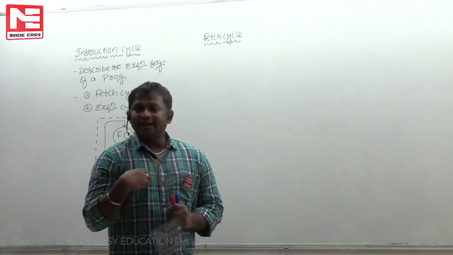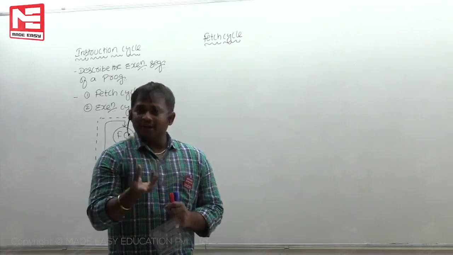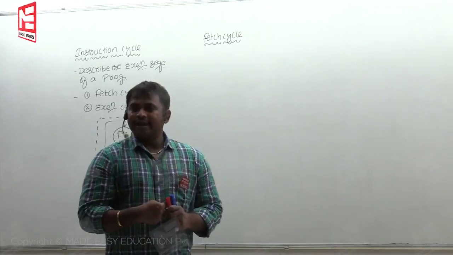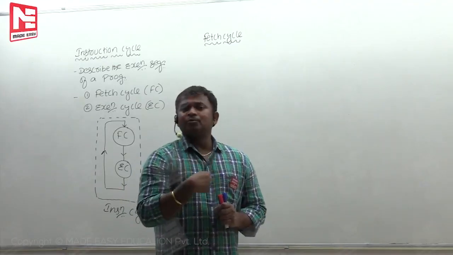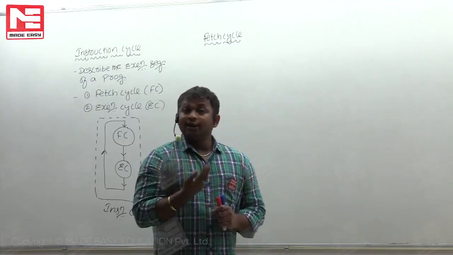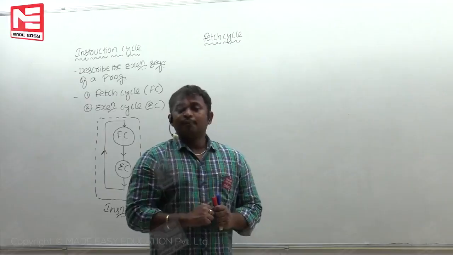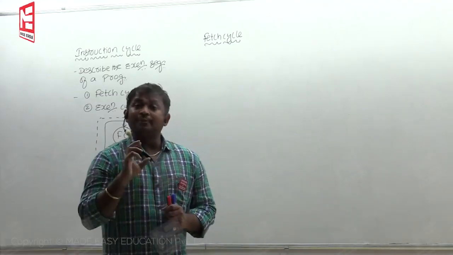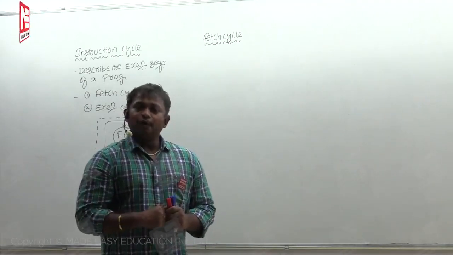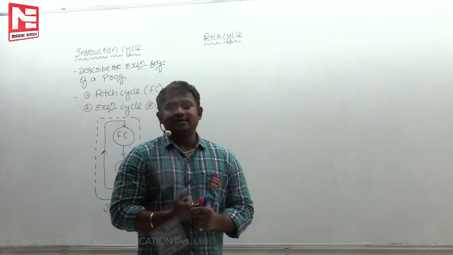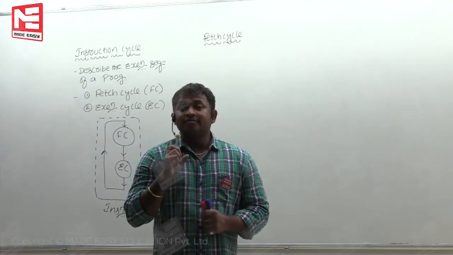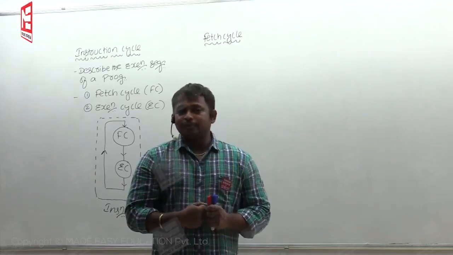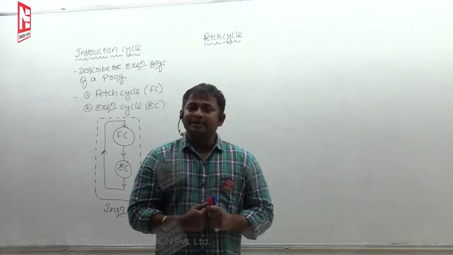Therefore, the CPU fetches the instruction based on the program counter. At the end of instruction fetching, the program counter is incremented by the step size to point to the next instruction address. Step size depends on the word length of a CPU. Suppose the CPU is an 8-bit CPU.